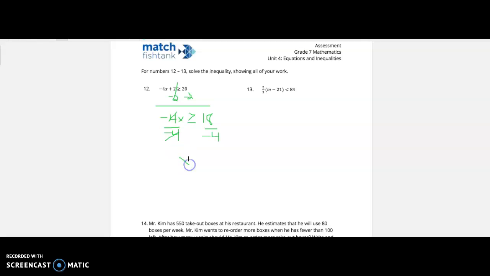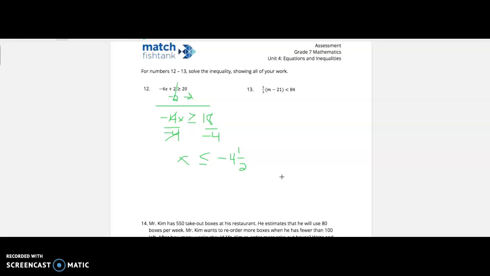So instead of greater than or equal to, we're going to have less than or equal to. And 18 divided by a negative 4 is going to be a negative because positive divided by negative is negative. So that will be 4 2/4, which reduces to 4 1/2, or 4.5 if you left it as a decimal.